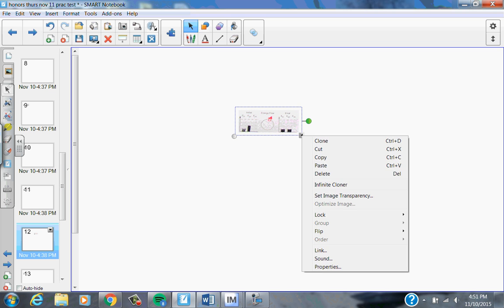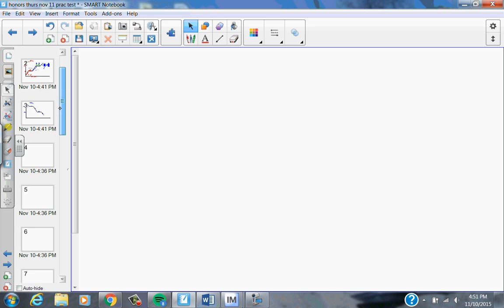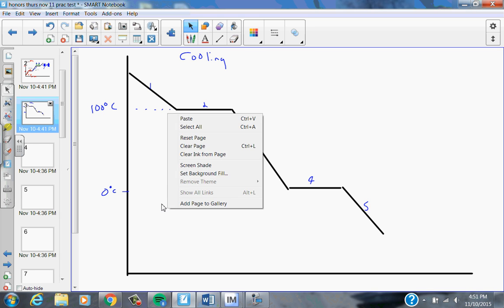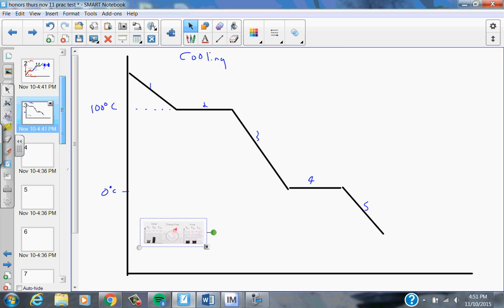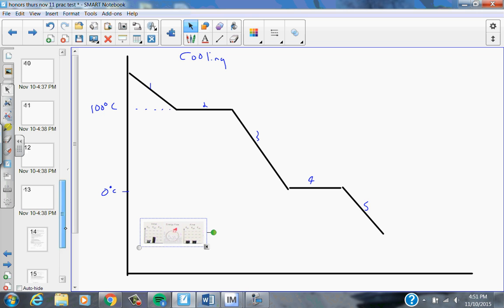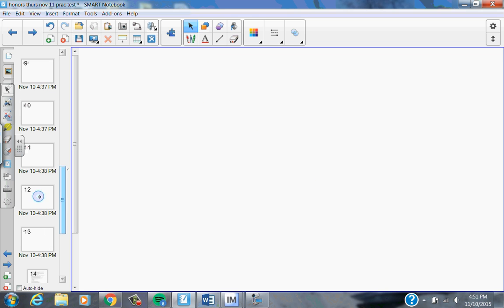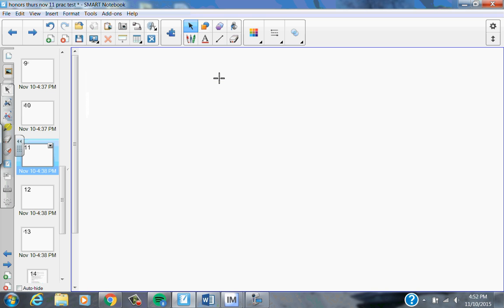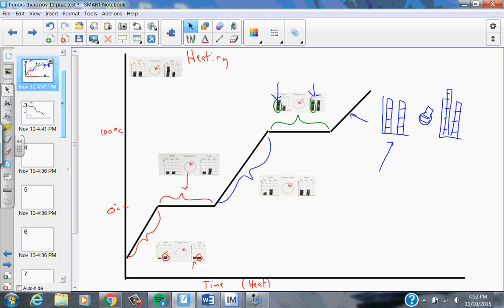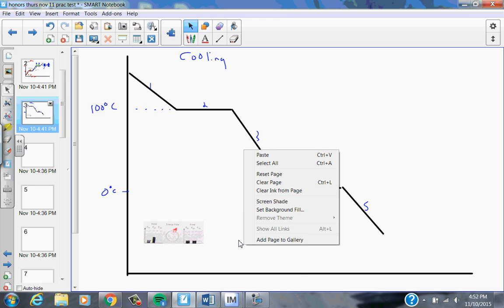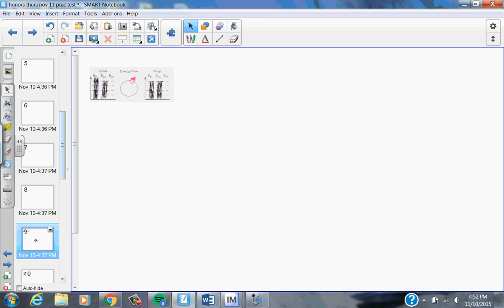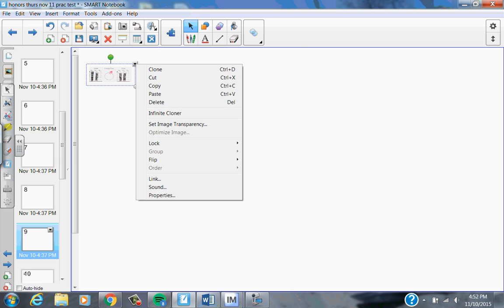Heat's going out, so I'm going to take that one. Set them down here for right now. Heat's going out. Cutting that one. Heat's going out. Cutting that one.